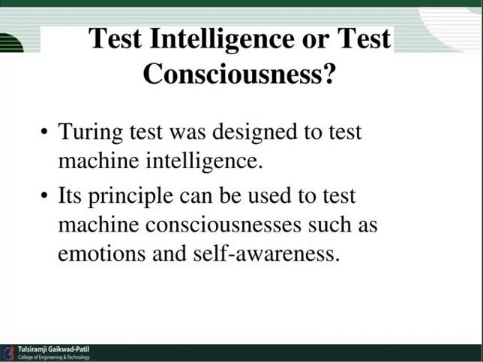And if we can incorporate emotions and self-awareness into machines, then they may act like a human, and those machines will pass our Turing test, and hence we will come to some judgment whether the computer machine is capable of having intelligence like a human or not. So we can measure the intelligence, and the consciousness also, with the help of a Turing test.